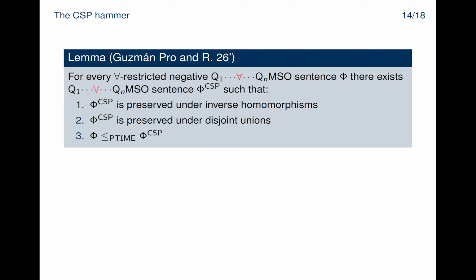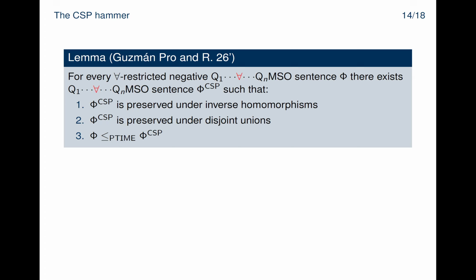So we can prove that whenever we have a for all restricted negative MSO, monadic second order, sentence phi, which has a quantifier prefix containing at least one universal second order quantifier, then there exists a monadic second order sentence with the same prefix, and we will denote the sentence phi CSP, such that we actually have almost everything that we wanted, right?